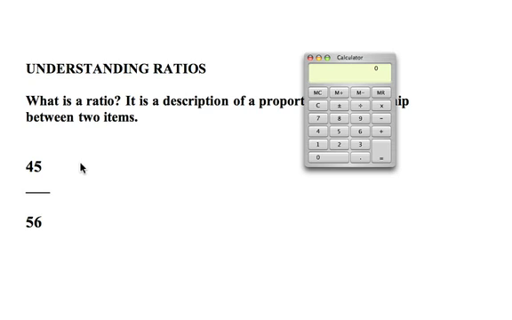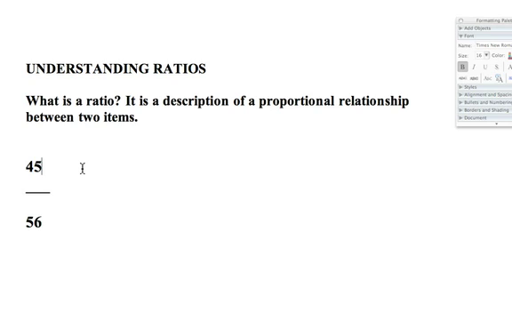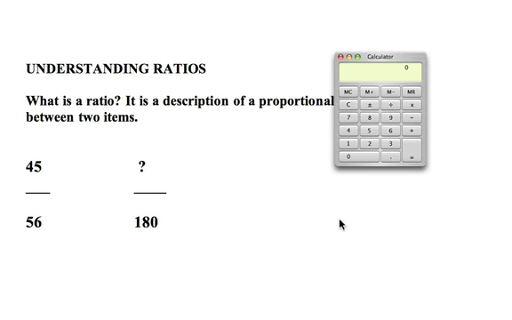If 45 out of 56 people agree that the environment should be of prime consideration, how many, here we have another group, how many out of 180 would need to agree in order for us to have the same relationship? So the how many is the big question mark. This is our question. This we cannot know until we make a simple calculation.